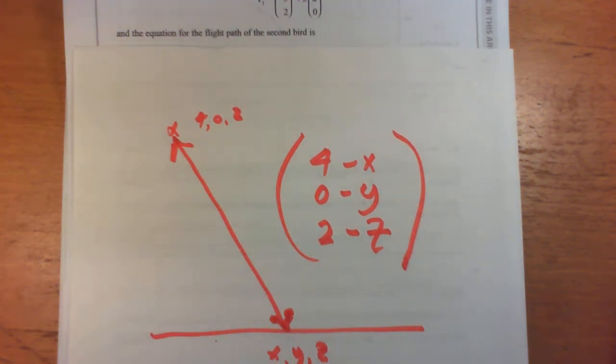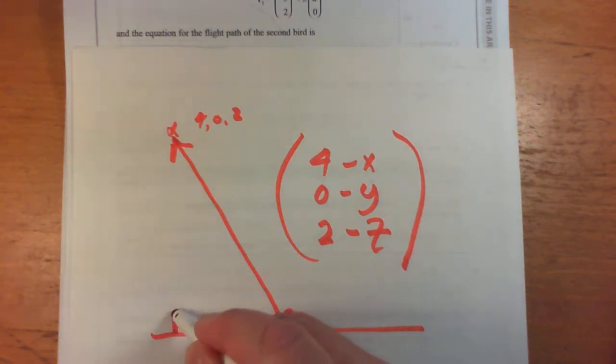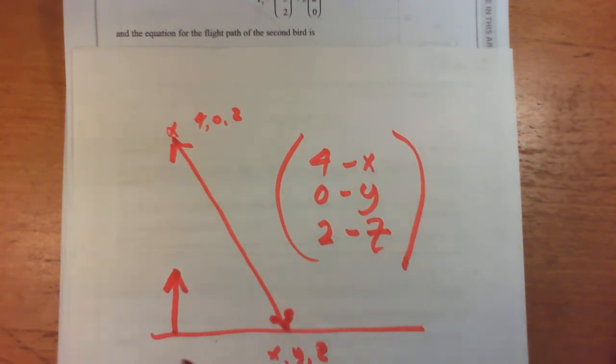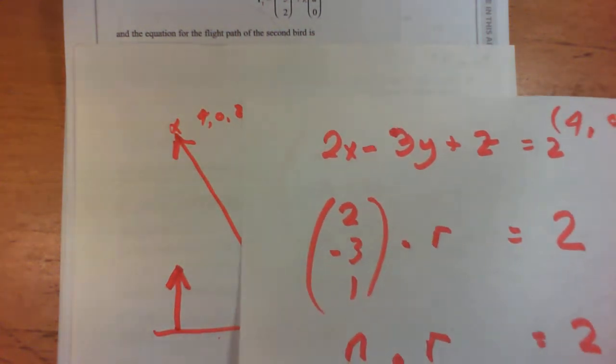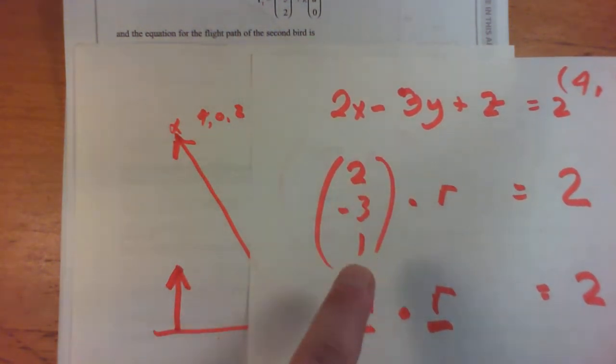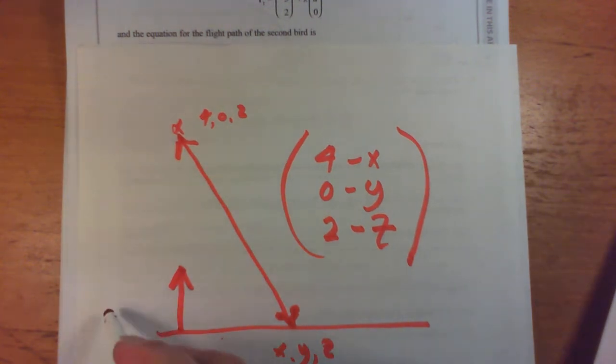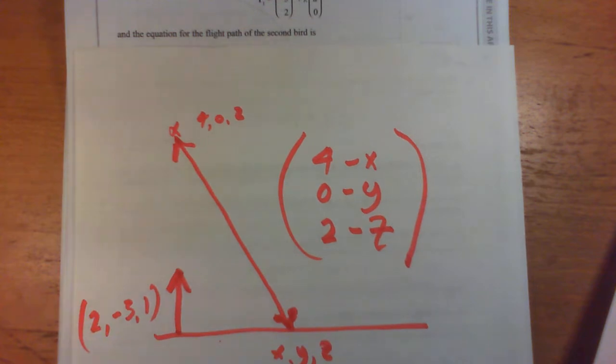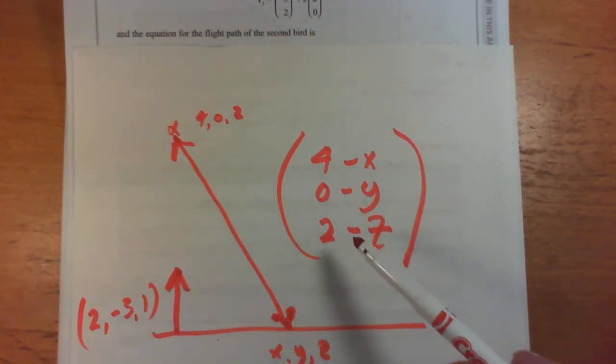Now, there will be a perpendicular here, given by this one here, (2, -3, 1). This will be this perpendicular vector here. That's the general formula for the distance between this point and the plane.